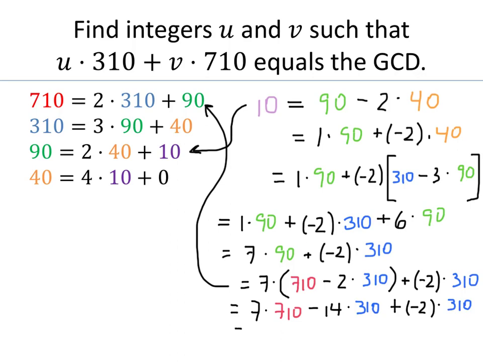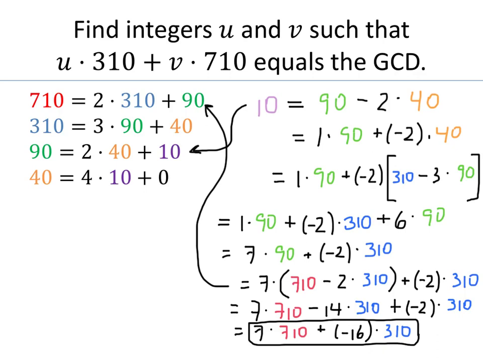So I have 7 times 710 minus 16, or plus negative 16, times 310. And that's what I wanted. So this final expression down here is what I wanted for Bézout's identity.